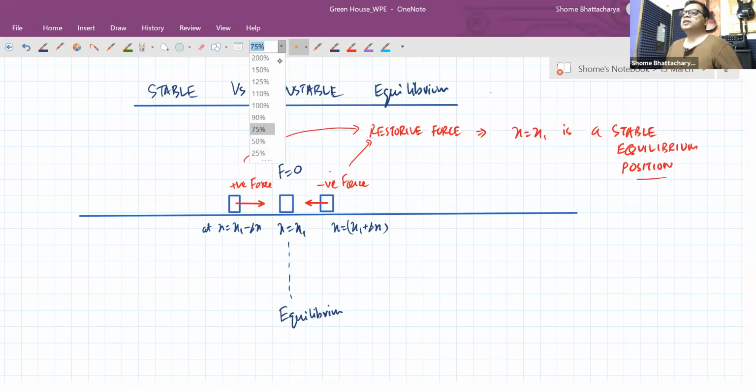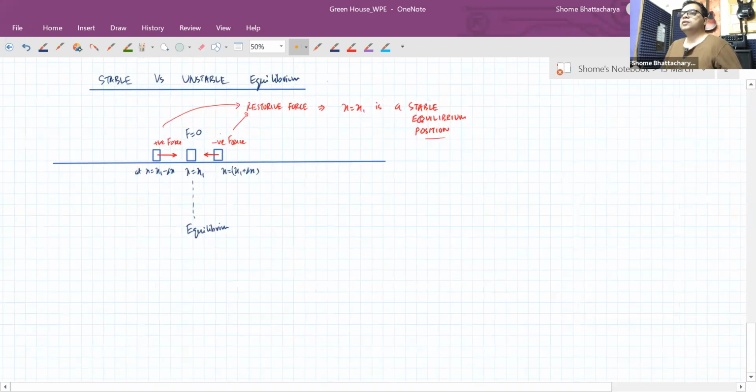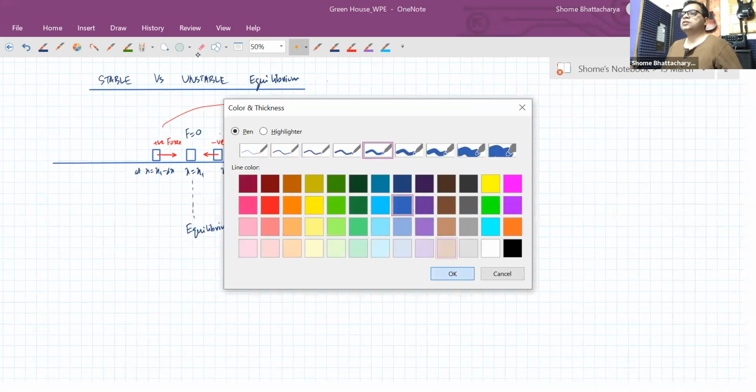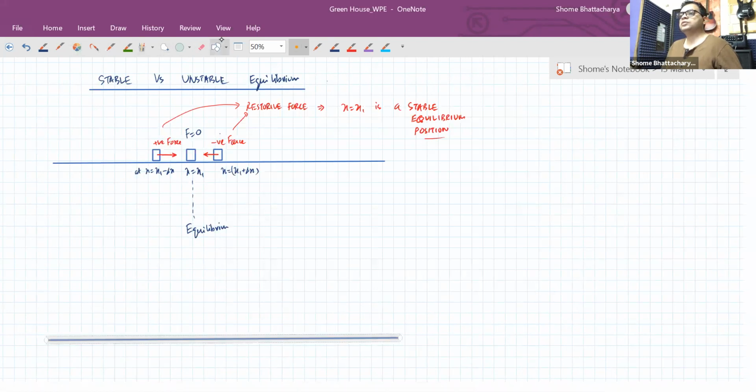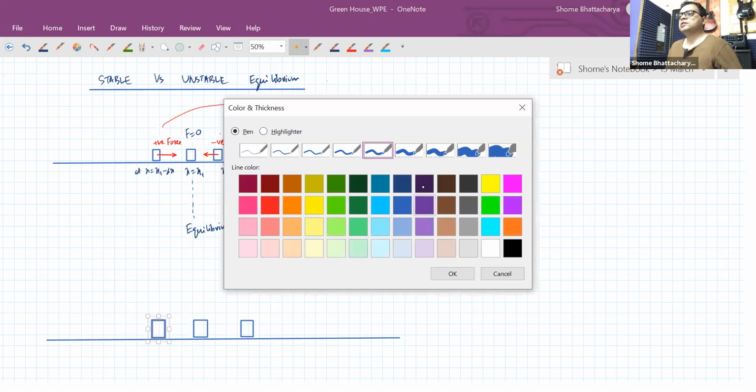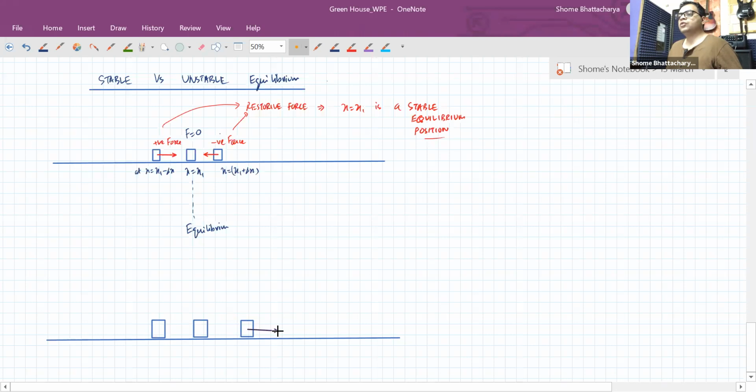Whereas on the other hand, if I have the similar situation but with the forces pointing in the opposite direction with respect to the equilibrium, then it becomes an example of what we call unstable equilibrium. So if I have a situation where at this position the object is at equilibrium, but when we take it to the right or to the left, the force acts in such a way that it's taking it further away from equilibrium. So it is what we call the non-restorative type of force. Then it is called an unstable equilibrium.